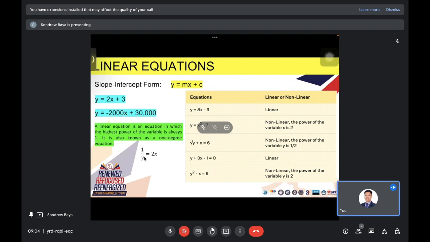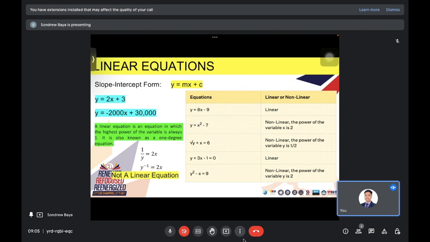Remember the negative exponent law? So if we put this on top, it becomes y to the power of negative 1 equal to 2x. Therefore, this variable y does not have an exponent of positive 1. Instead, it's negative 1. Thus, this is not considered a linear equation.